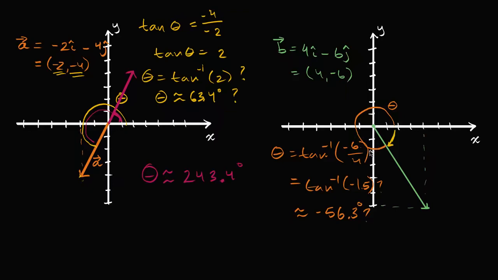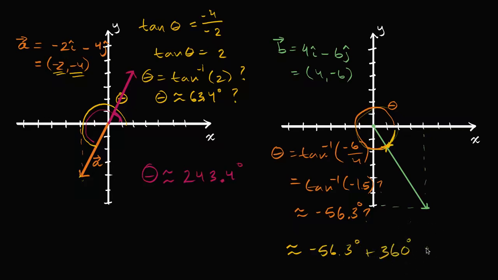There's a couple of ways that you could think about doing it. One way to think about it is, to go from this negative angle to the positive version of it, we have to go completely around once. So we have to add 360 degrees. So it's approximately negative 56.3 degrees plus 360 degrees.